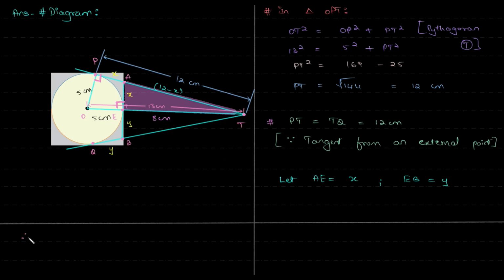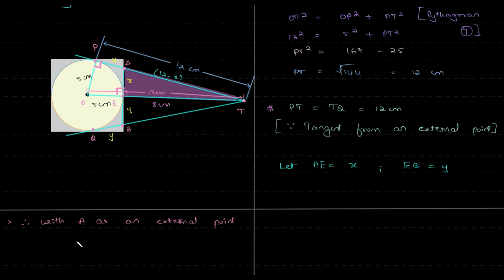So therefore, with A as an external point, we are looking at AE is equal to AP. Both of them are equal to x.